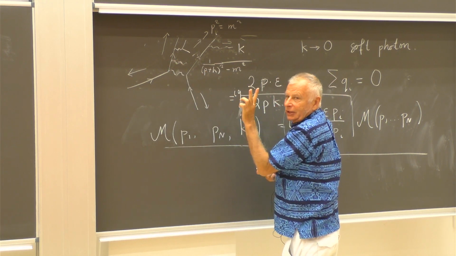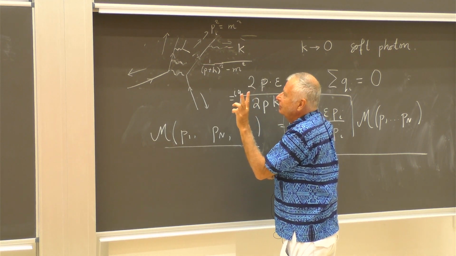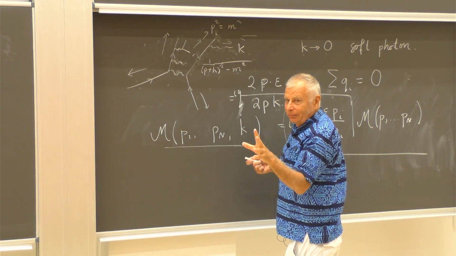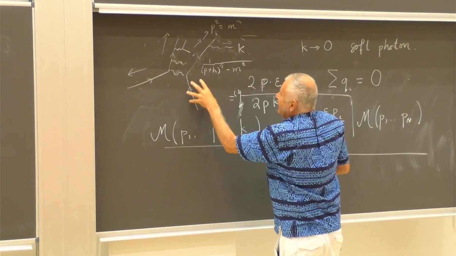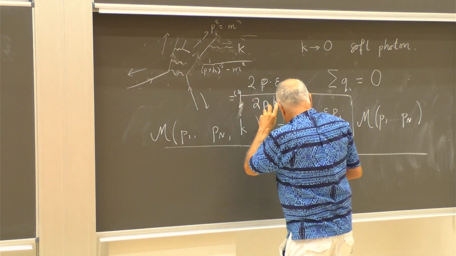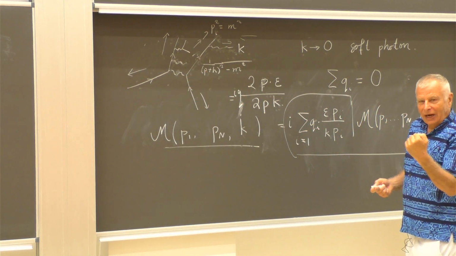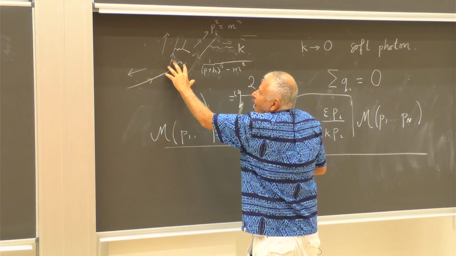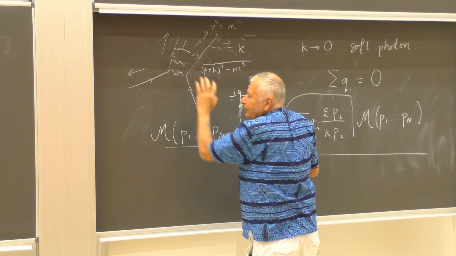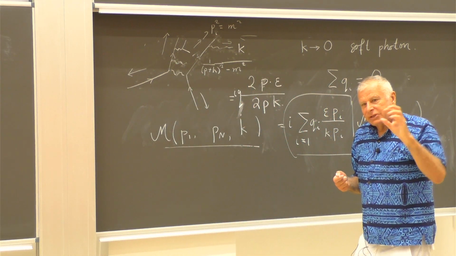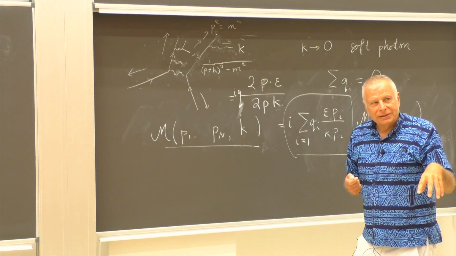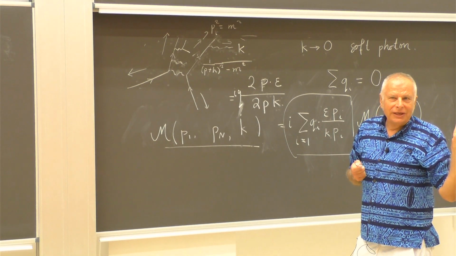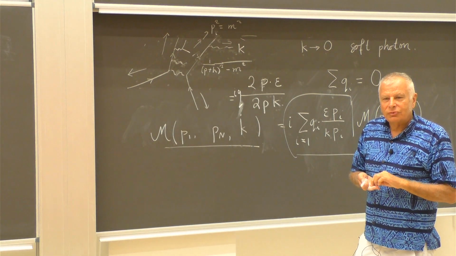But surprisingly, what I will show, and this is the so-called Low's theorem, is that we can tell something also beyond the leading order singularities. We have some information from these diagrams in which photons are emitted from internal lines. That seems very strange, but this is what happens. That's Low's theorem.